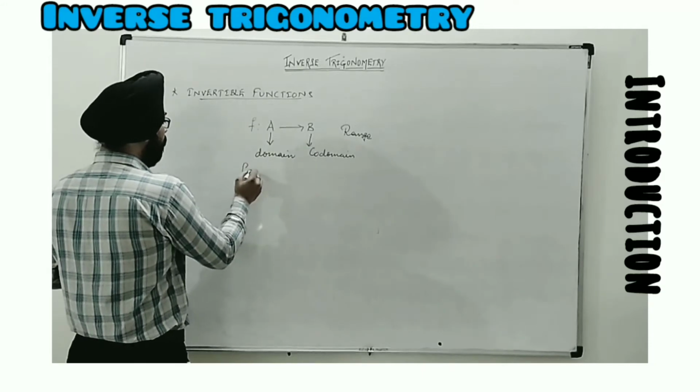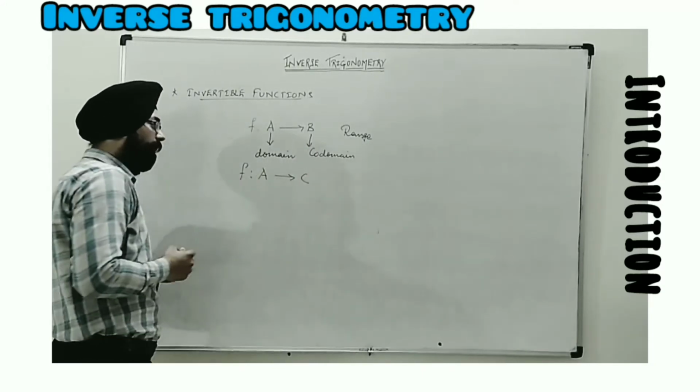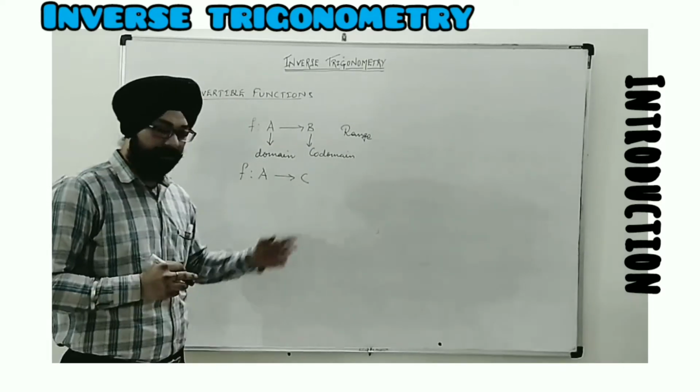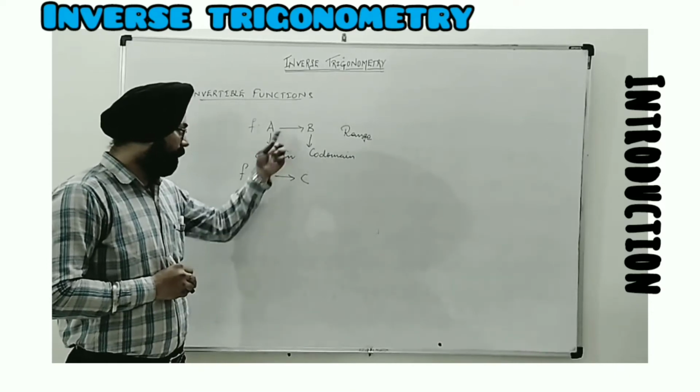If I consider the range of f as C, then the function defined from A to C has a domain and range here. Now what is the difference between these two?